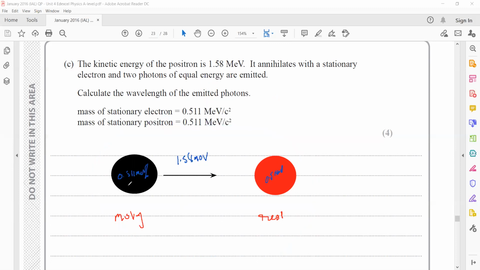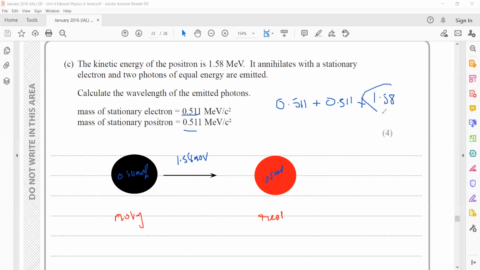When positron and electron annihilate, each of them releases energy 0.511. That's the energy released by the electron, the energy released by the positron, and 1.58 is a kinetic energy. That also contributes to the production.